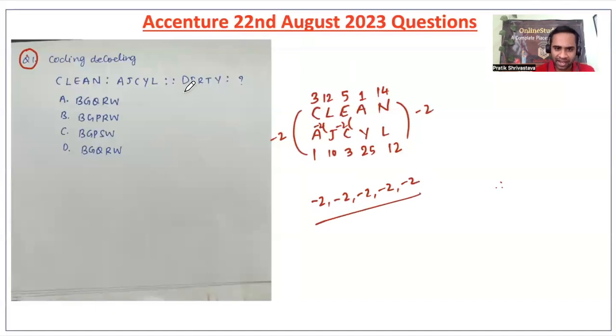Now D is nothing but 4, I is 9, R is 18, T is 20, and Y is 25.